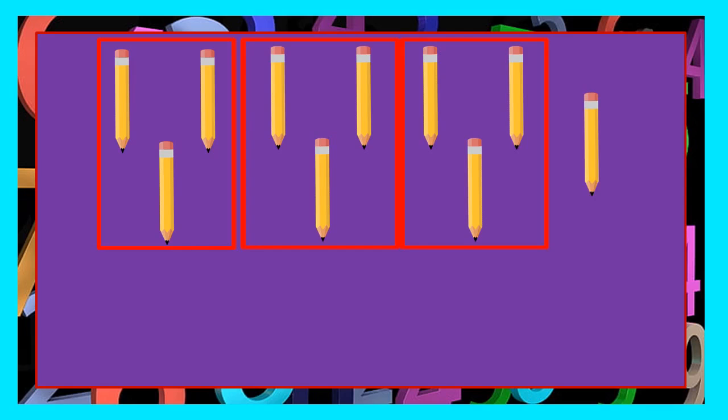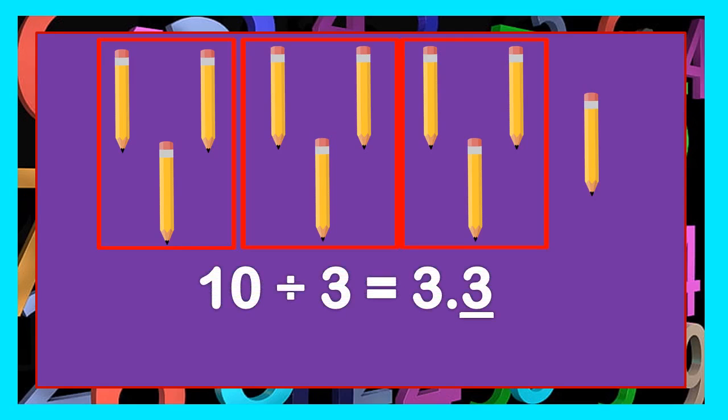Mahahati pa ba natin yan? So, anong napansin ninyo? Nahati ba natin ang 10 lapis sa 3 magkapantay na grupo? So, hindi. So, nangangahulugan na ang 10 ay hindi pwedeng hatiin sa 3 magkapantay na grupo.